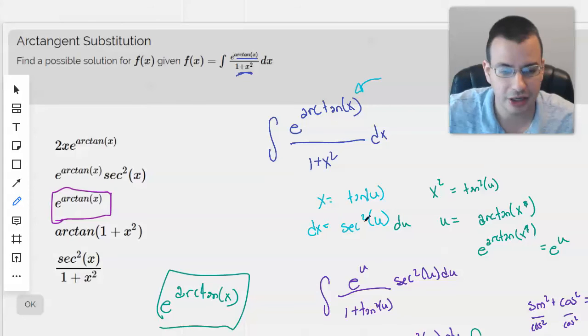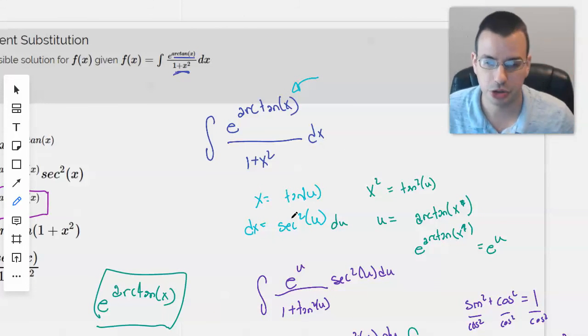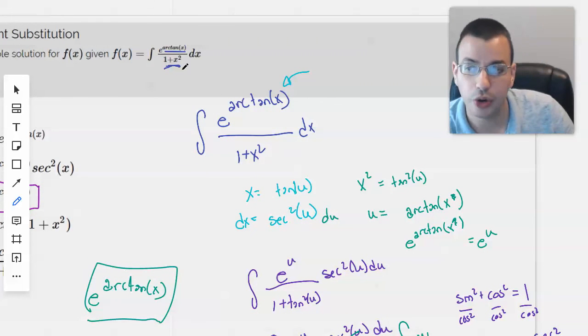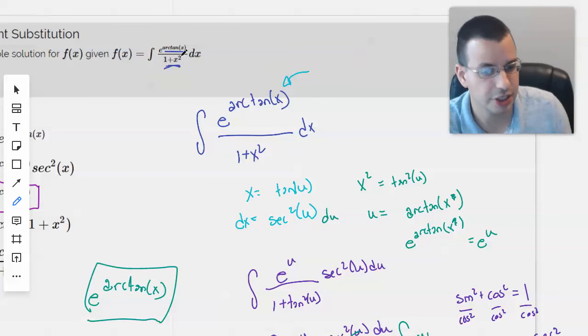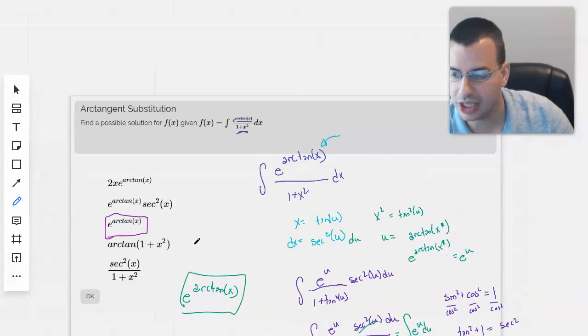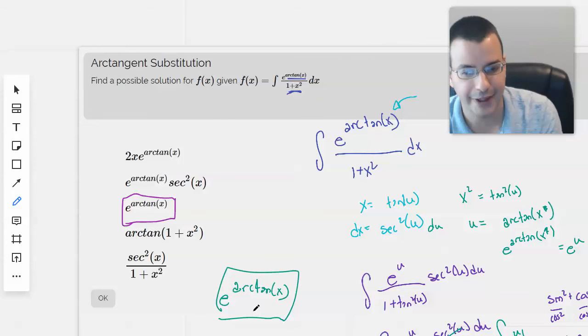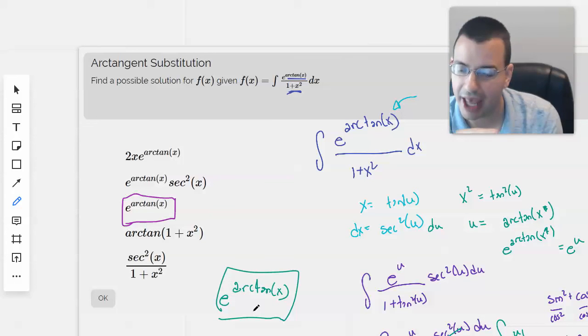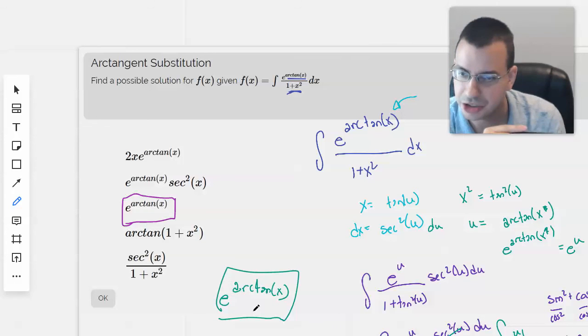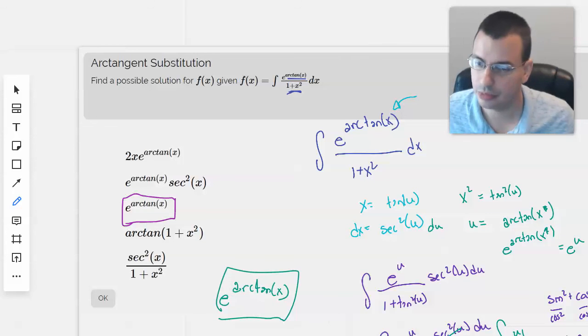We plugged that in and did our trigonometric substitutions. And then about halfway through, we realized what we could call this arctangent of x up here. That's just u, which gives us e to the u. Solving that, we get a final answer of e to the arctangent of x as the solution, which worked out pretty well.